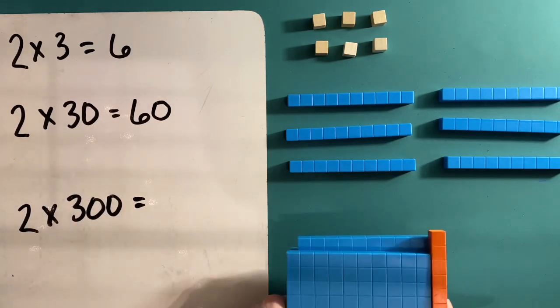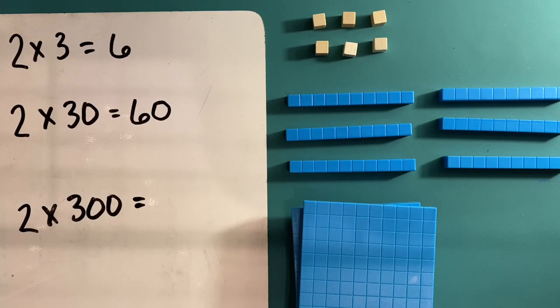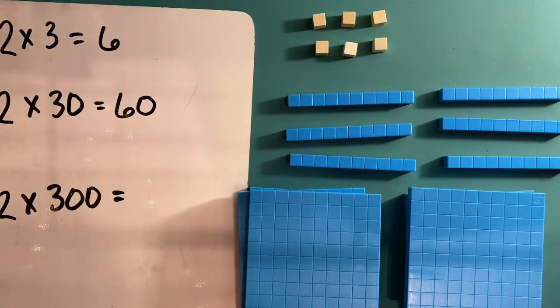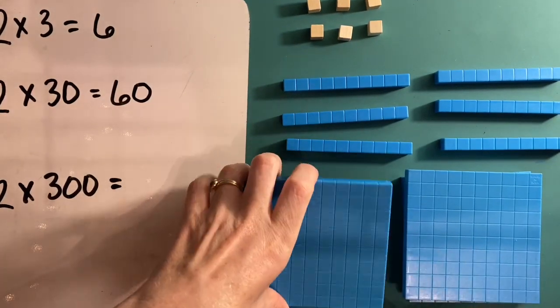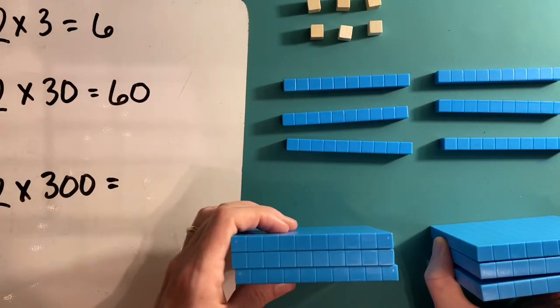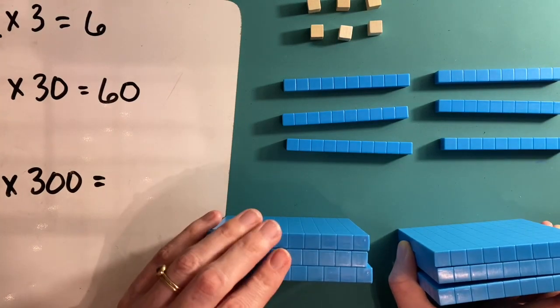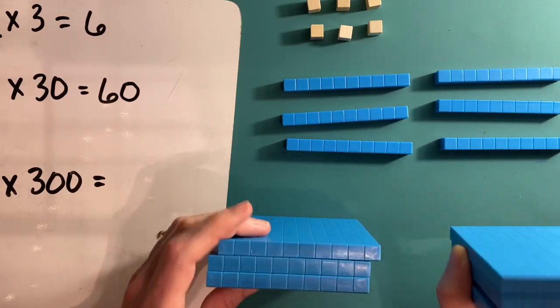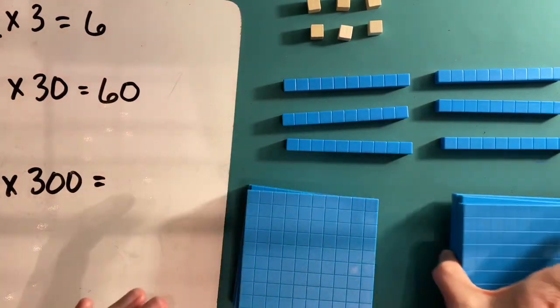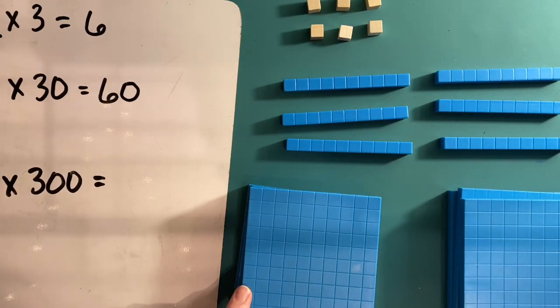Okay, I'm going to use my flats to represent this. I still have 2 groups of 3. But now I have 3 hundreds. 2 groups of 3 hundreds.